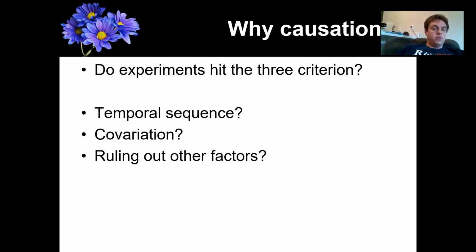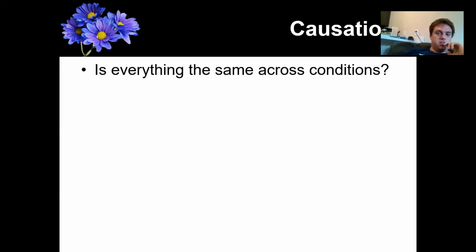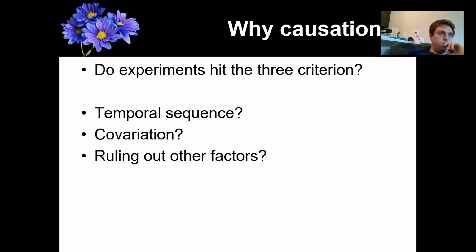And then the last one, ruling out other factors. So if we were to manipulate something else, what would it be? Are we manipulating something else? Well, we shouldn't, right? Is everything the same across conditions? Yeah, it should be. That's not the case with any correlation.